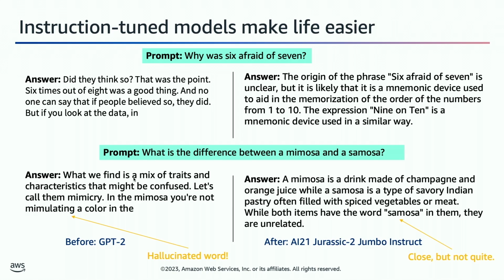And then for another prompt, again, this is my favorite one: what's the difference between a mimosa and a samosa? I like this example because it tricks computers, because the tokens sound somewhat similar, but we humans know that they come from very different parts of the world and very different cultural contexts.